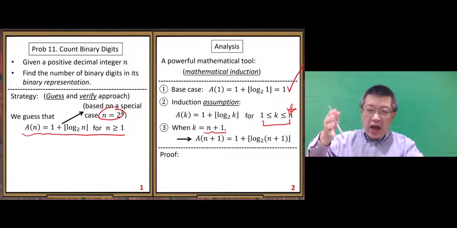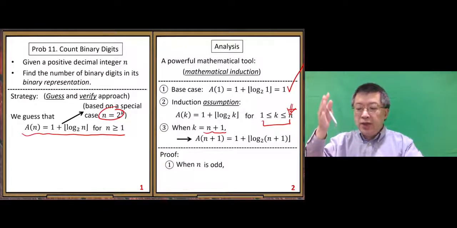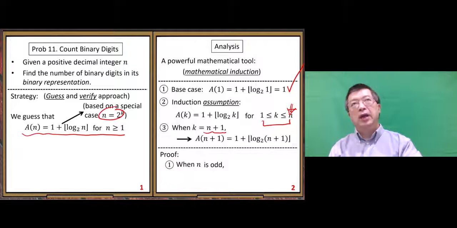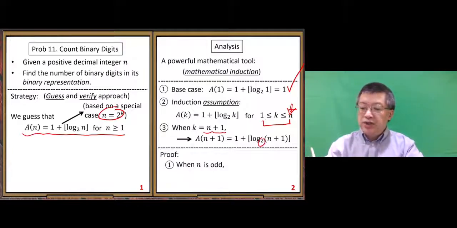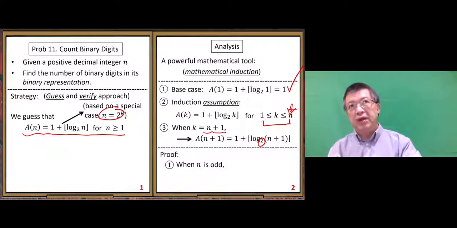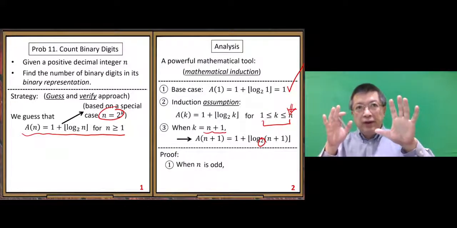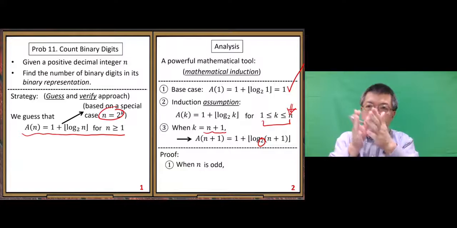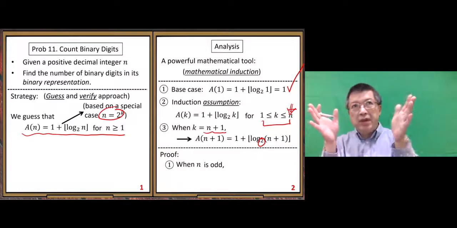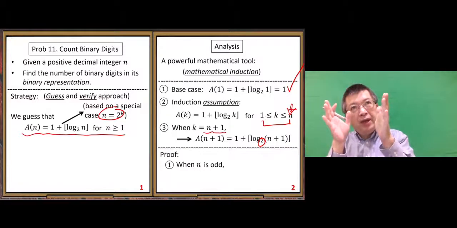The first half, when n is an odd number. Because there is a log base 2, it is better to consider even and odd numbers, because even and odd numbers have a property.